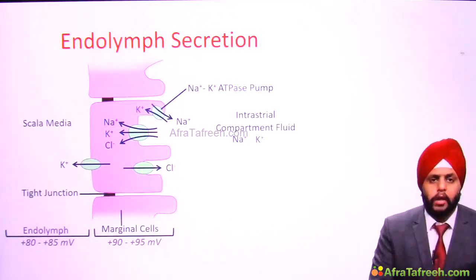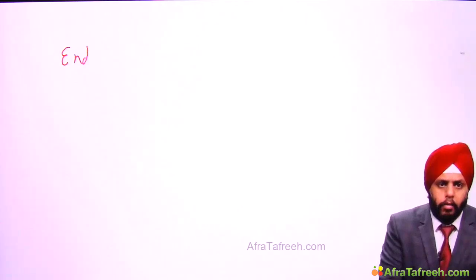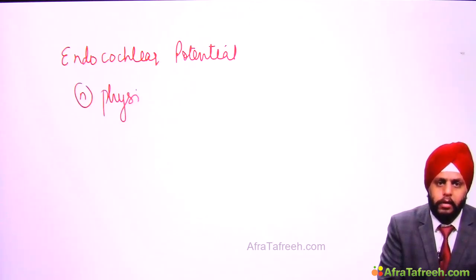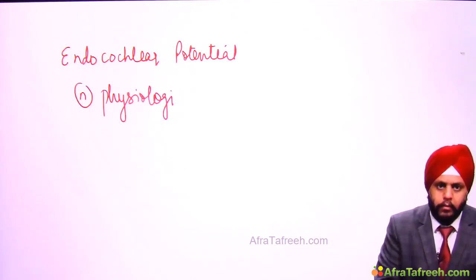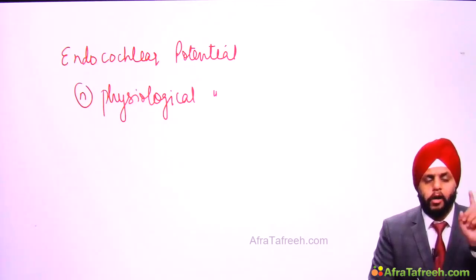Right, so now what is endocochlear potential? You see, endocochlear potential, as we just saw, is a normal physiological potential in the inner ear. Okay, it's a normal physiological potential. And how is it produced?